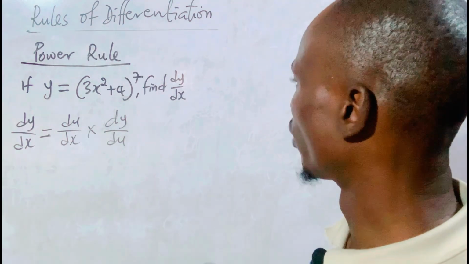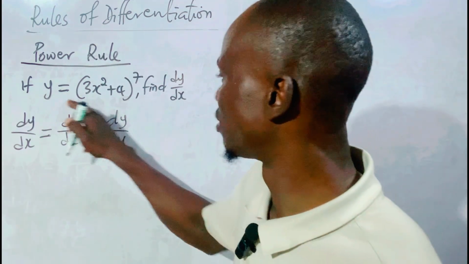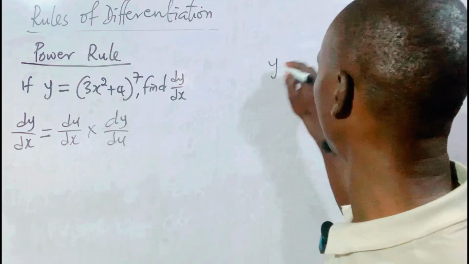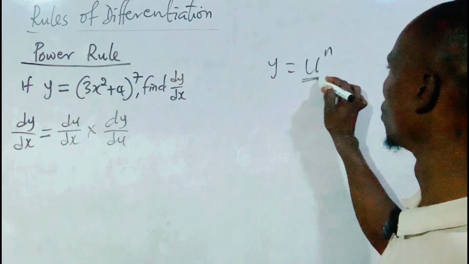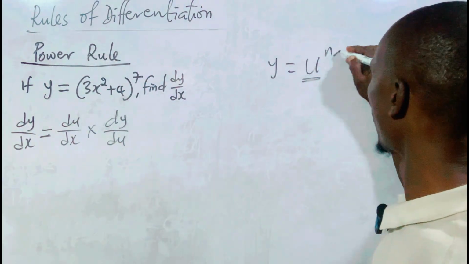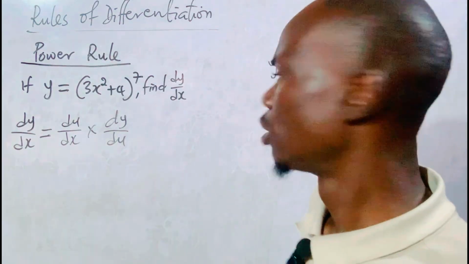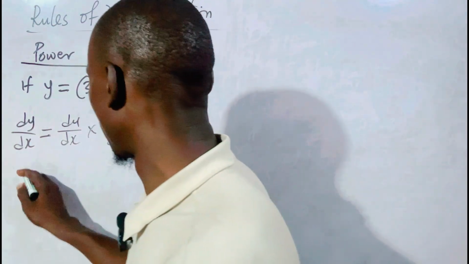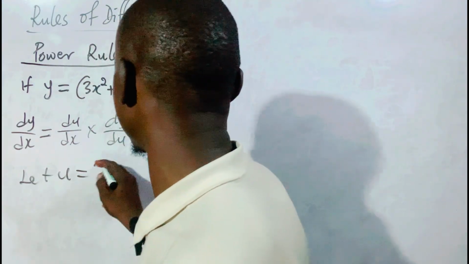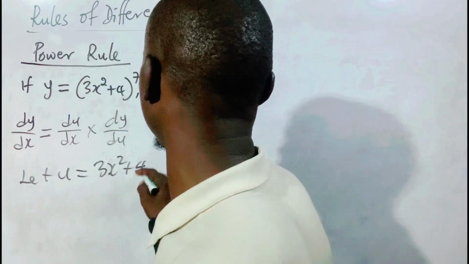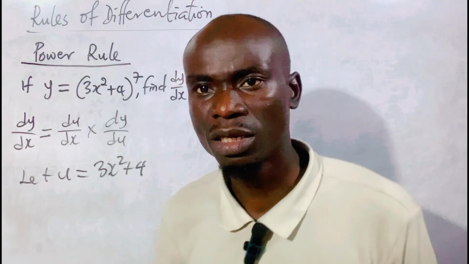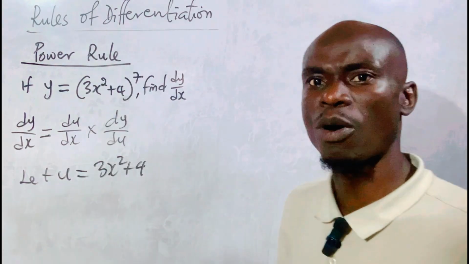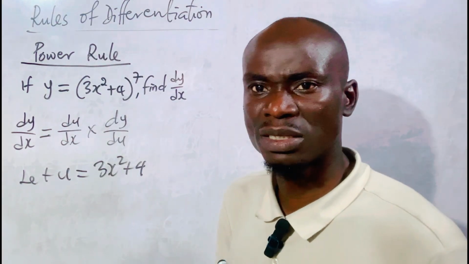If I go by this, the base is my u. Remember the function says if y equals u raised by n, so the base is your u, the power is your n. So I can say let u be the base, 3x squared plus 4. Generally, in a question involving power rule, you assume the base is u.